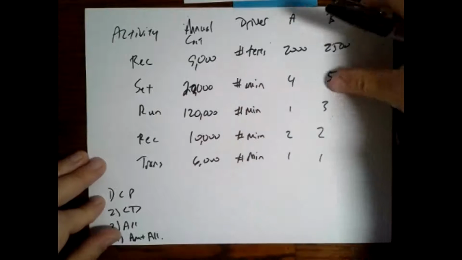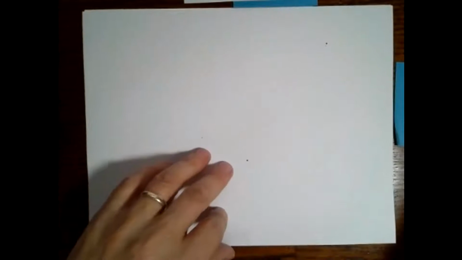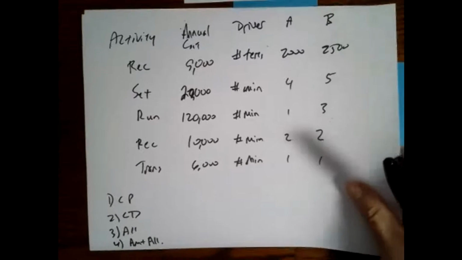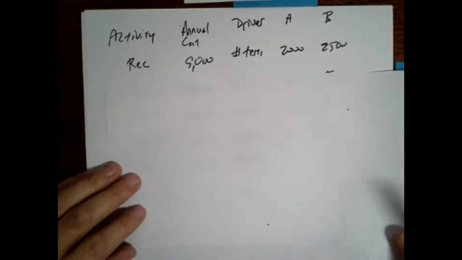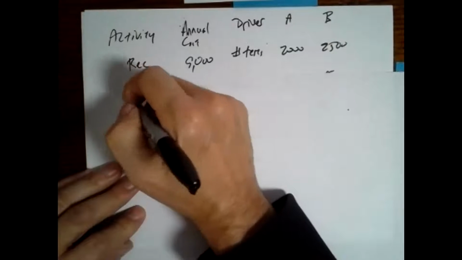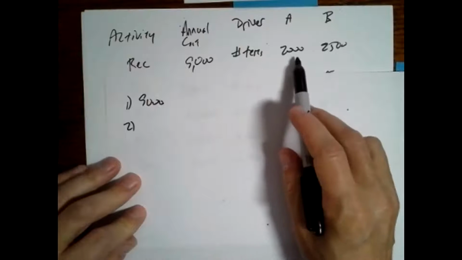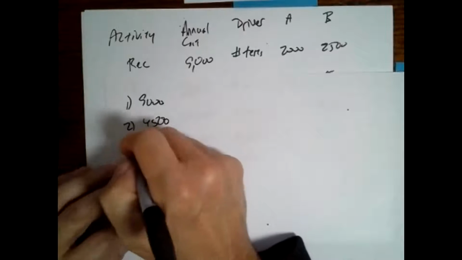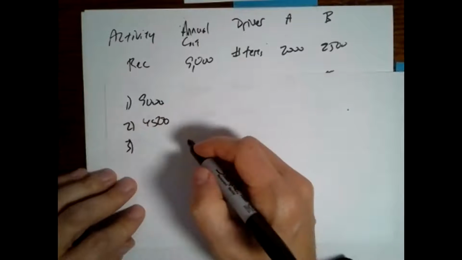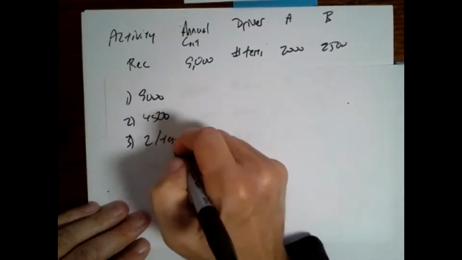For receive, the cost is 9,000. The driver is going to be number of tests. We do 2,000 test A's and 2,500 test B's, so that's 4,500. The allocation rate then is $2 per test for receive.